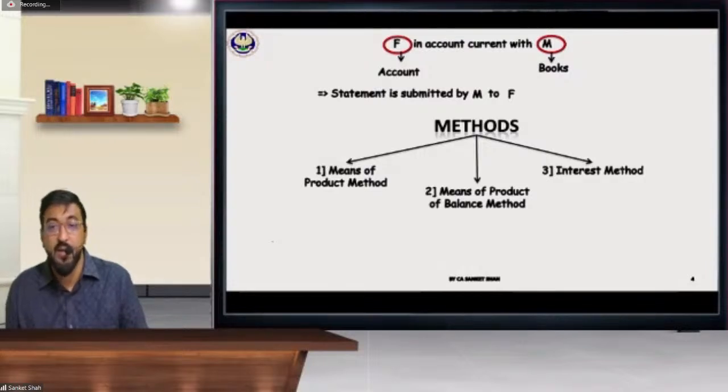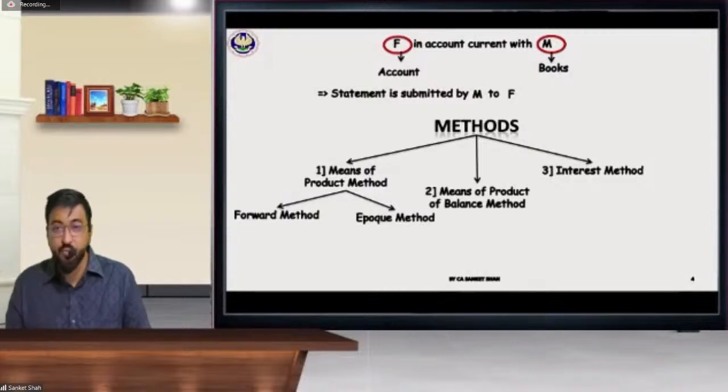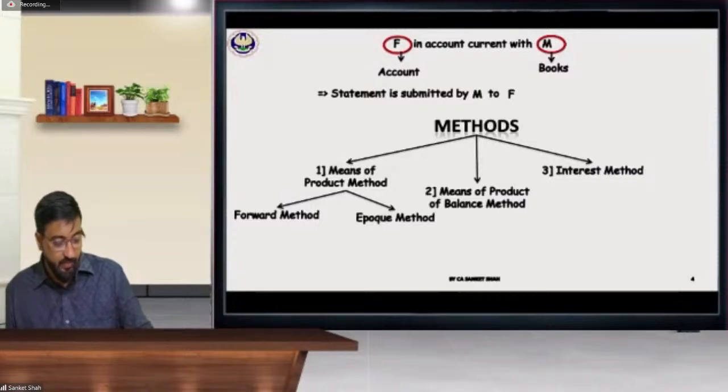In the product method again there are two methods, forward method and epoch method. We are going to understand them. But first we will quickly understand the product method, balance method, and last one is the interest method.